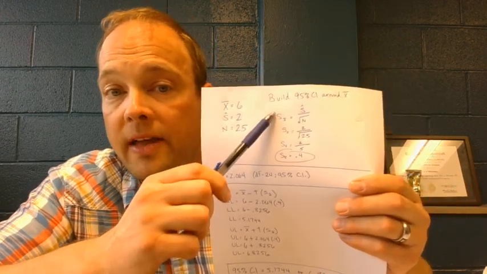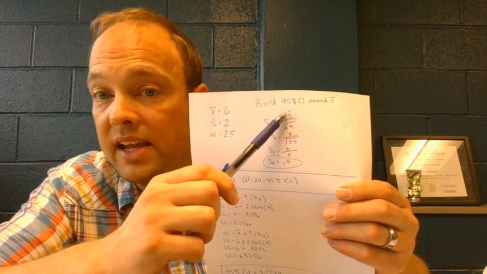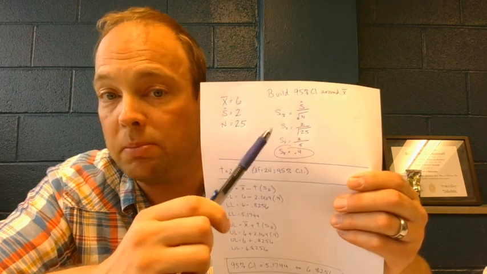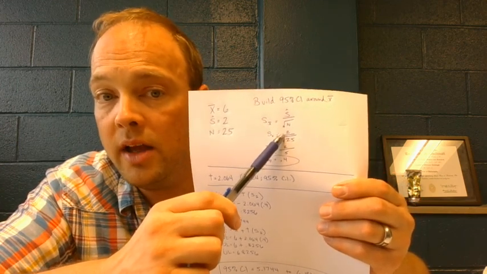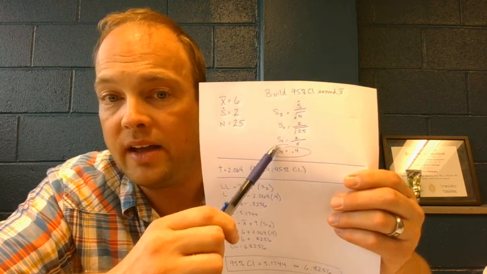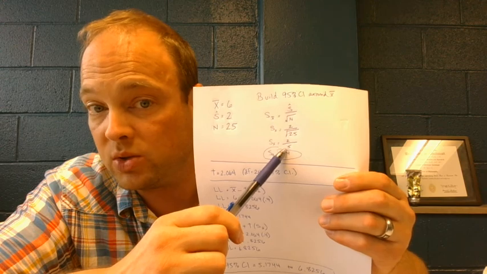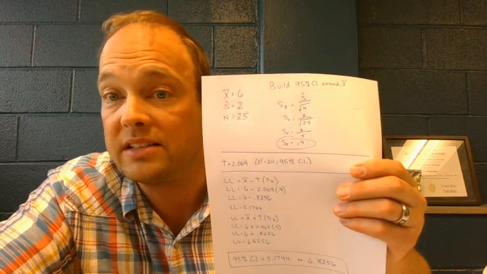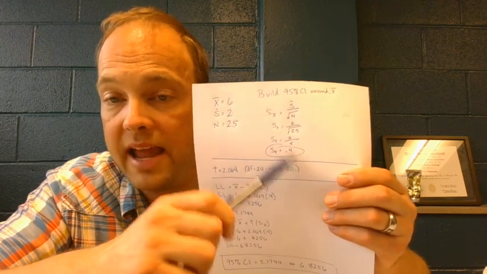Standard error equals standard deviation of 2 divided by the square root of 25. That's 2 divided by 5, which is 0.4. Boom, 0.4. That's the standard error for the sample. Step number 1: find the standard error for the sample.